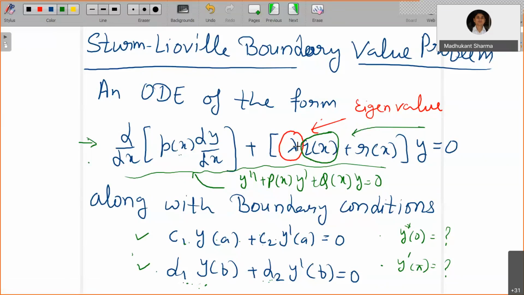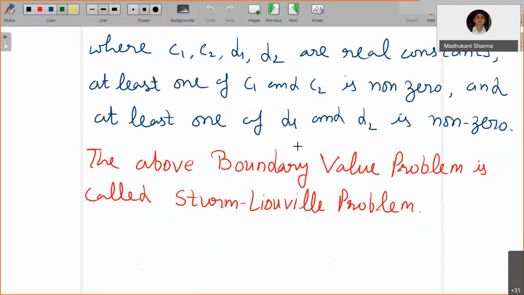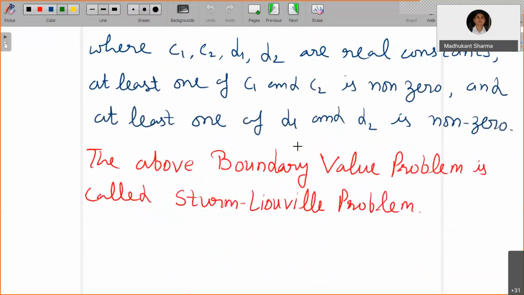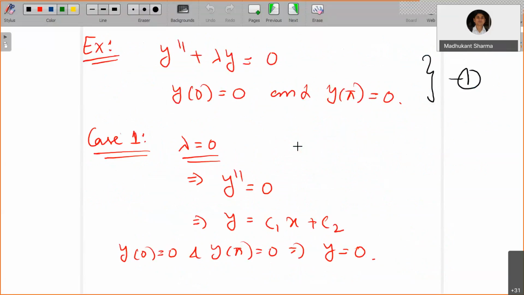It's all mentioned here, where C1, C2, D1, D2 are real constants, and at least one of C1 and C2 is non-zero, and at least one of D1 and D2 is non-zero. Both cannot be zero at the same time. Right, so let's consider this first equation, a very simple equation.